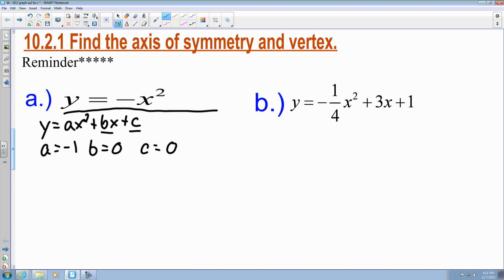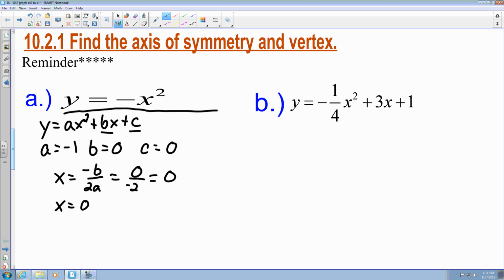So using our equation to find our axis of symmetry, I'm going to use x equals negative b over 2a, which equals 0 over negative 2, because our a is negative 1, 2 times negative 1 gives us negative 2. But as we simplify it, we find out that 0 divided by negative 2 gives us 0. So our axis of symmetry is x equals 0.